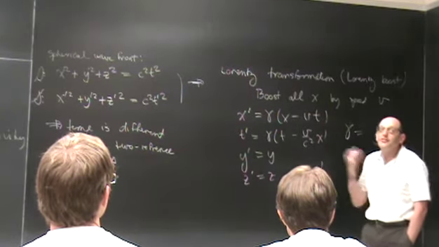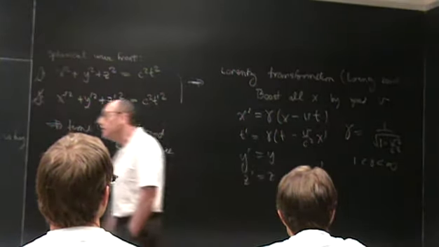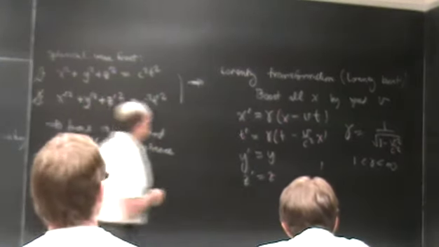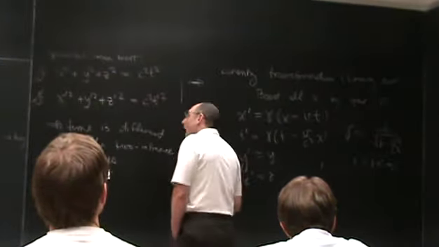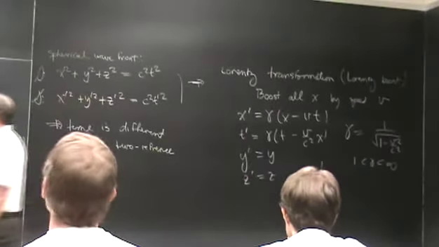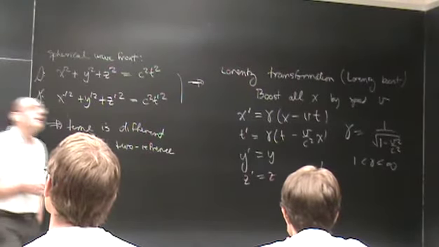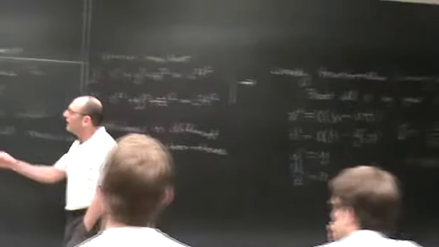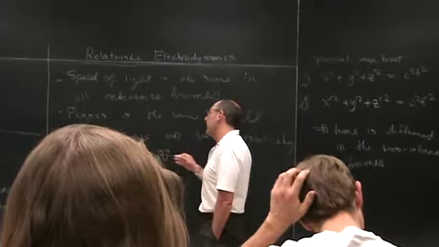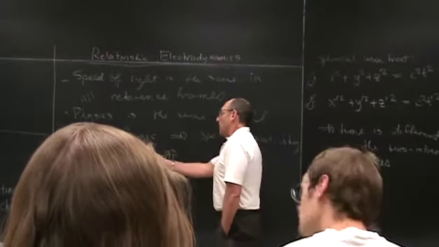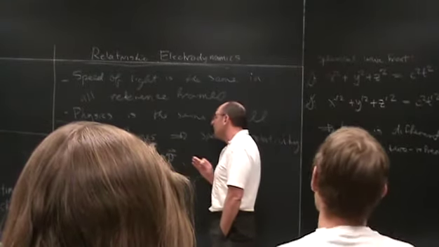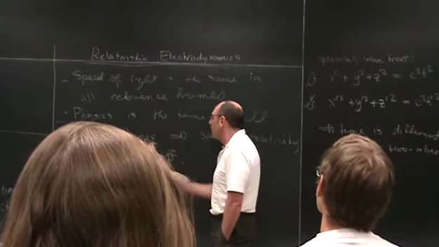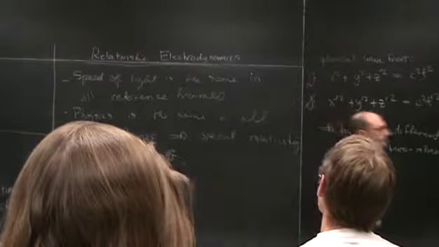A quick immediate consequence that we see from Lorentz transformations is we can ask the question, how do velocities add? That is to say, what speed will I see in a co-moving frame of some moving object or moving event relative to some lab frame?